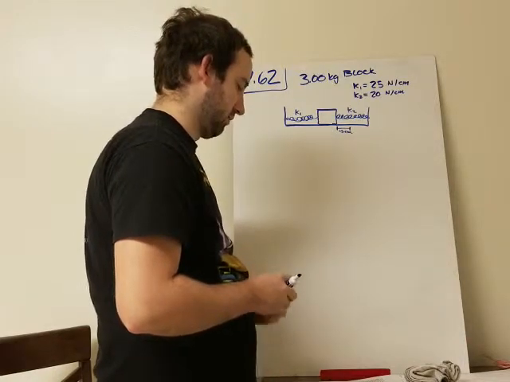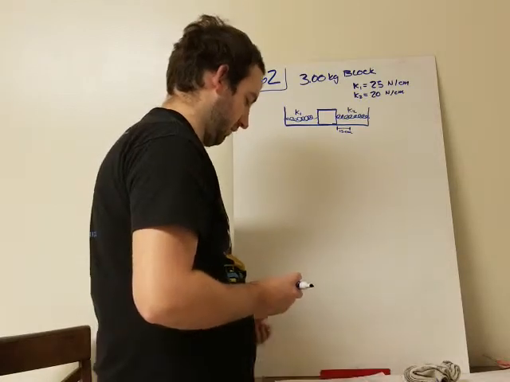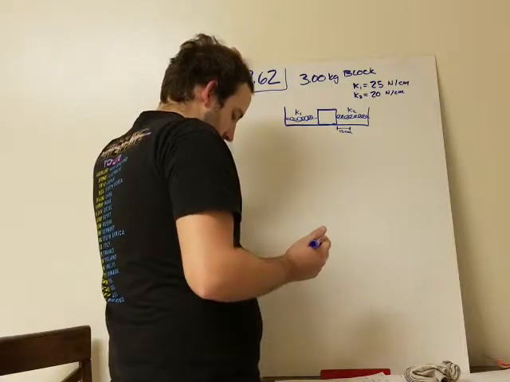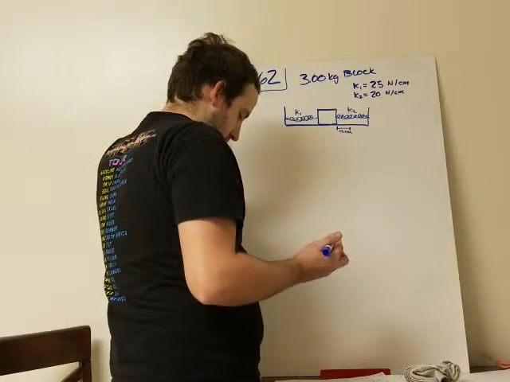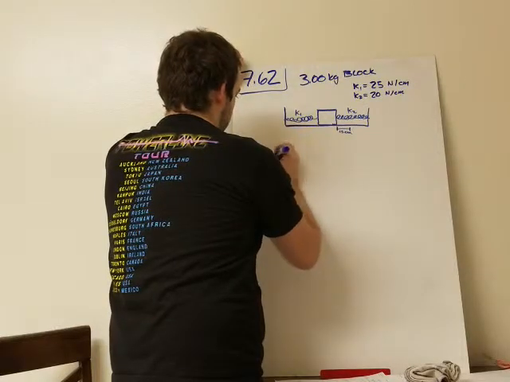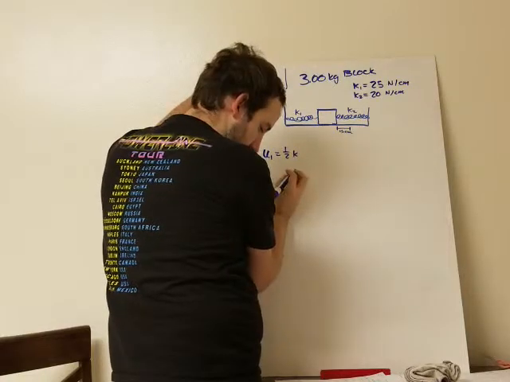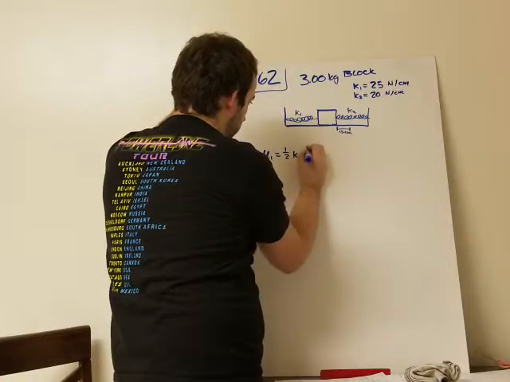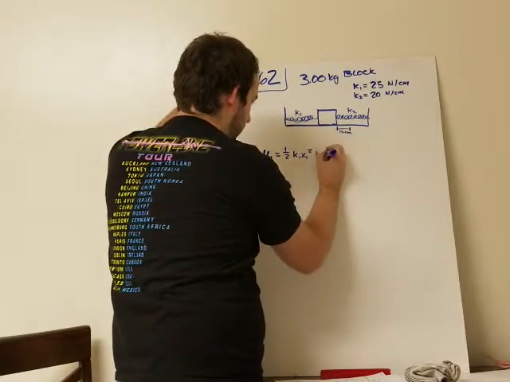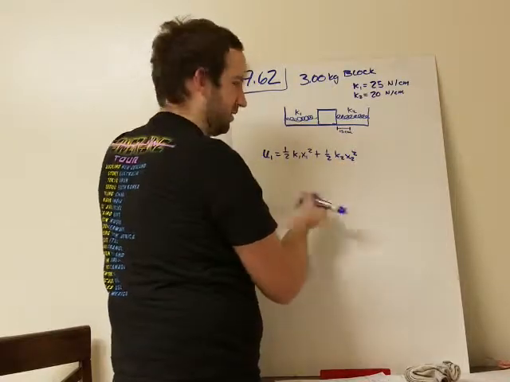I mean, we can show it through the math though real fast. So what we'll do is, we know that the U1 is going to equal 1/2 k1 x1 squared plus 1/2 k2 x2 squared. So this is the same as we did before.